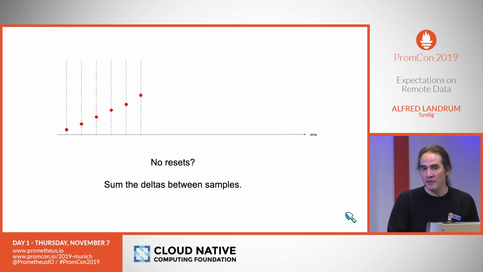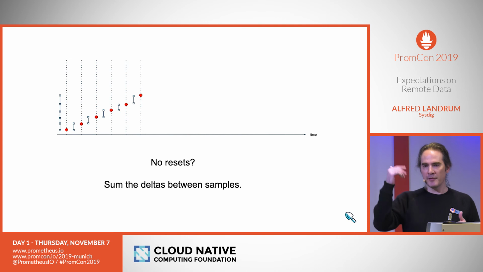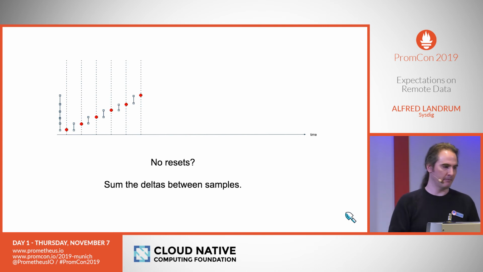Well, if you look at a section where there are no resets, it's pretty straightforward. You can sum up all the deltas between the samples. You look at the difference between the first and the second, add that to your sum, and keep doing this all the way along to get the difference between the last value and the first.